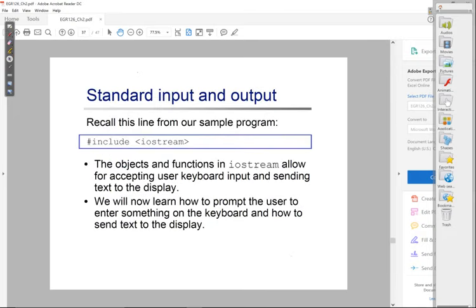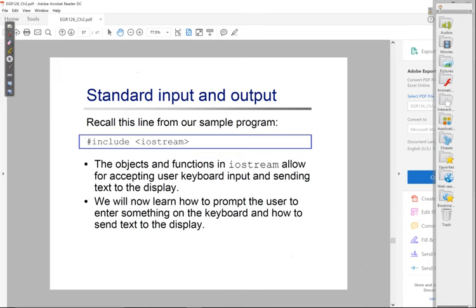All right, so the last thing that we want to talk about in this lecture is that cout command, if you remember, from our sample program. Remember when we wanted to display the result of the distance between 2 points? There was that cout command that was part of the IOStream library.